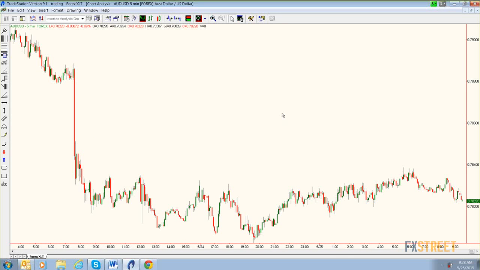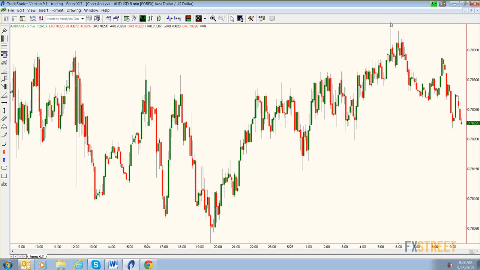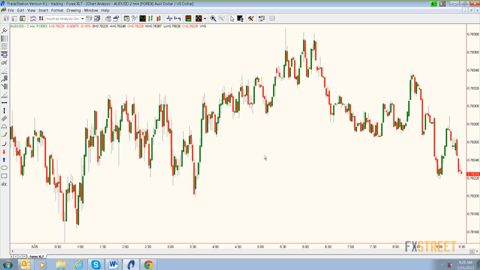What I wanted to point out was, you see how price just rallied a little bit ago, 20 minutes ago, right into this nice supply zone. Now price is falling. Do we see any demand below current price on this chart? No. So let's go down to a smaller time frame.